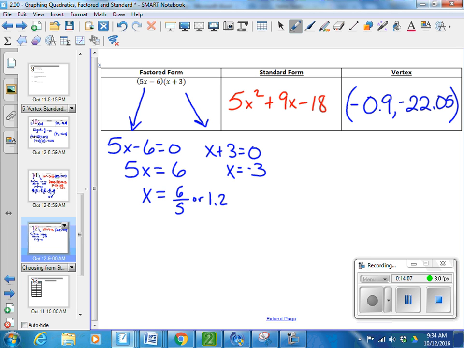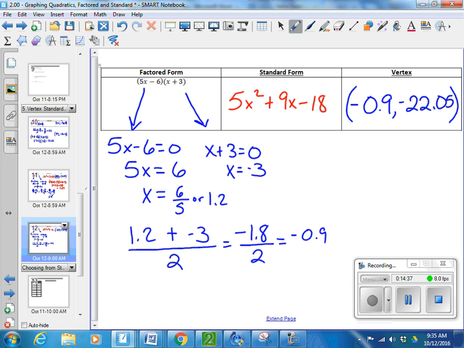Okay? So remember, now that I have my intercepts, I need to add them and then divide by 2. Well, 1.2 plus a negative 3 is going to be a negative 1.8 if we just deal strictly with the decimals. And once we divide that by 2, we get negative 0.9.